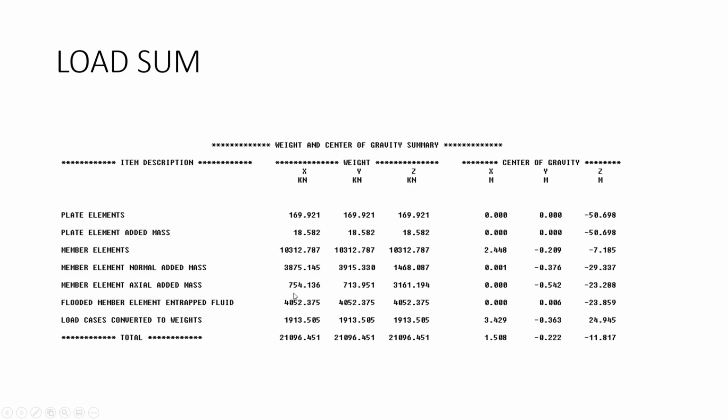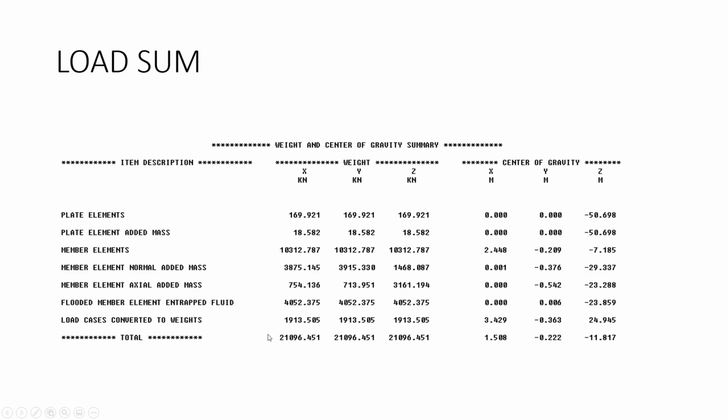If any jacket leg is a flooded member, there will be entrapped water inside that. For that also the program will create the mass generation. It will consider the load, so the load case is converted to weights, this is the load you have applied, and for that load it is created as a mass.